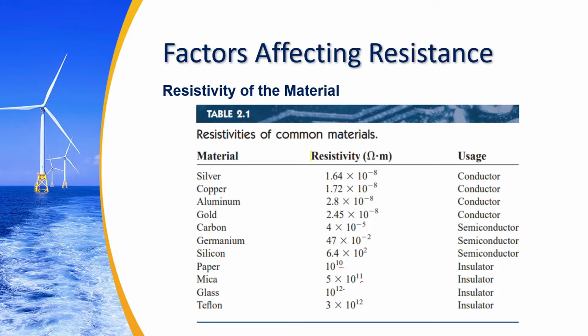Dahil sa sobrang laki ng resistivity nila, mahirap na silang daluyan ng kuryente, kaya sila insulated o insulator. Then, yung nasa middle nila, semiconductor yon kasi may part pa rin sila na pwede silang daluyan ng kuryente.